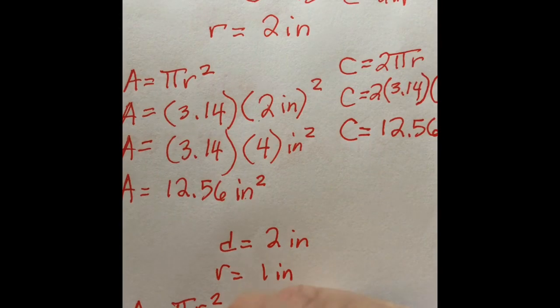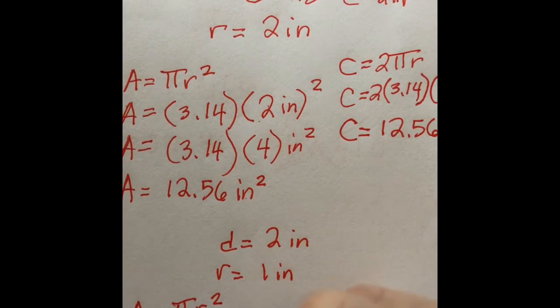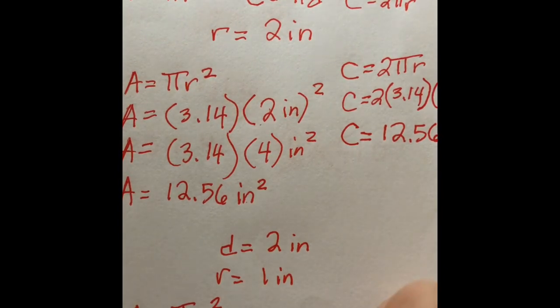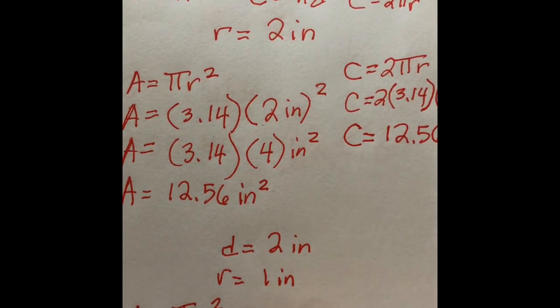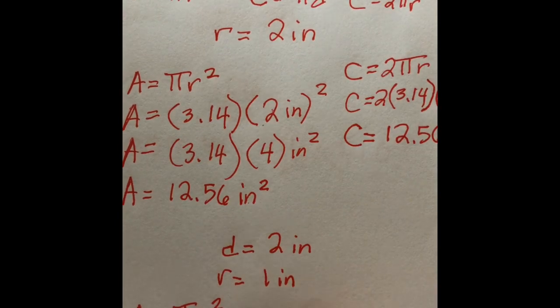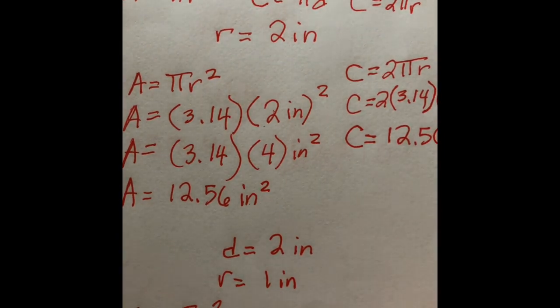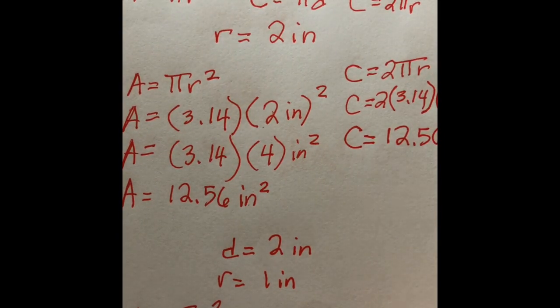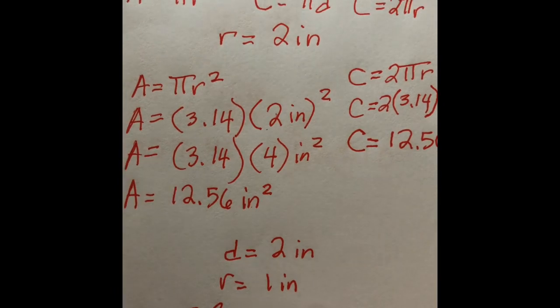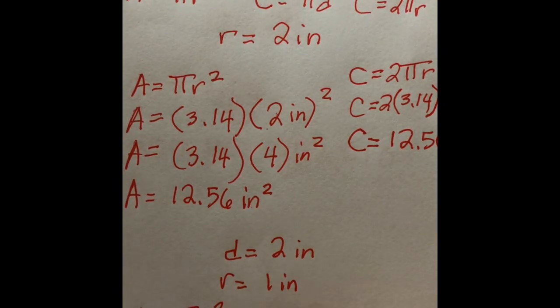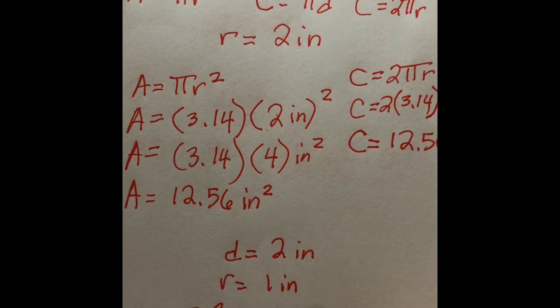And then I'm going to substitute in area equals 3.14 times 1 inch squared. Now 1 squared is 1 times 1, so that's still going to give me 1. So it's times 1 square inch. And my area is 3.14 inches squared.